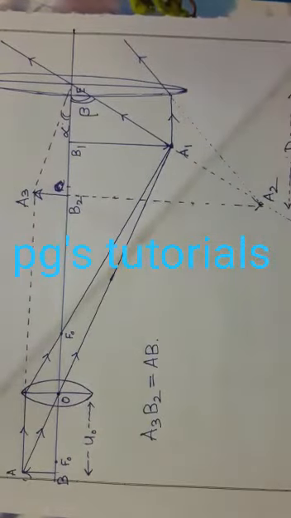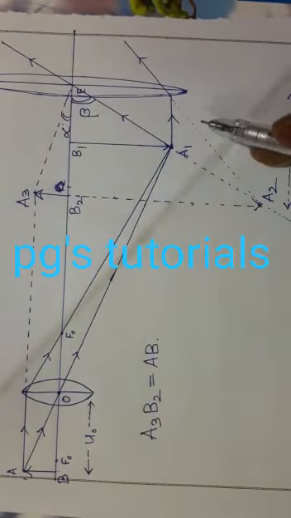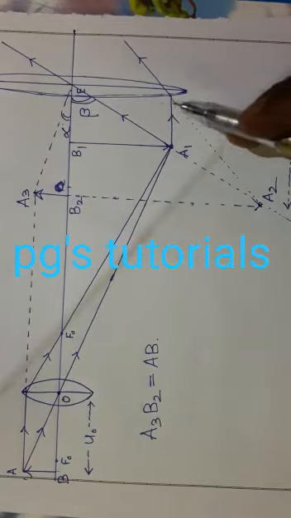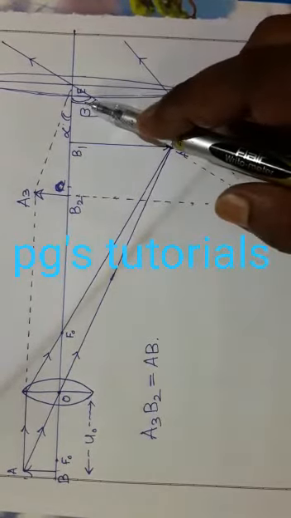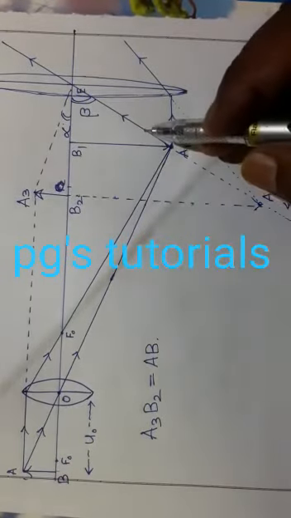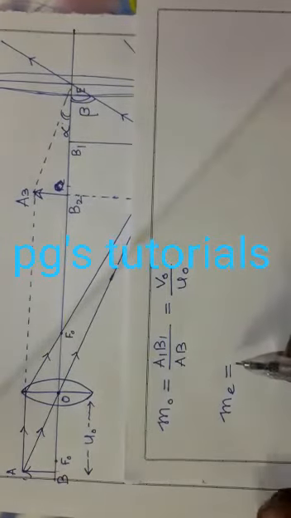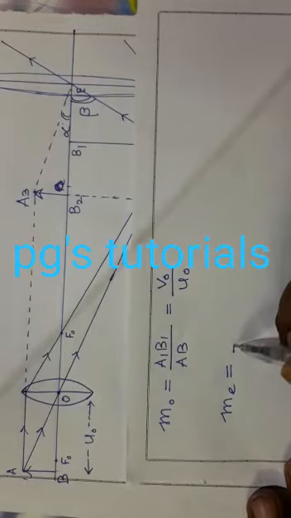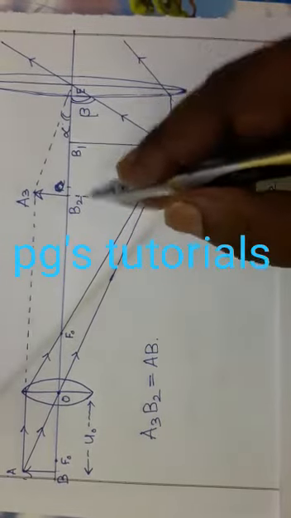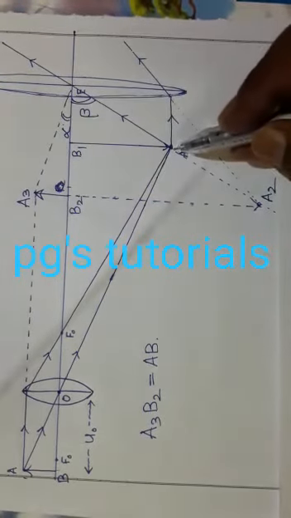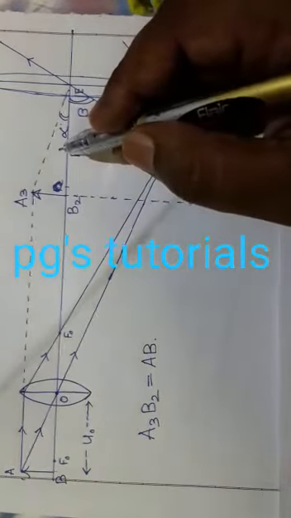This eyepiece is behaving like a simple microscope where the object is between focus and optical center, and its magnification is ME equals size of image by size of object. In this case, image is A2B2 and object is A1B1.